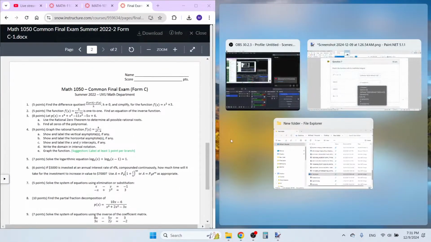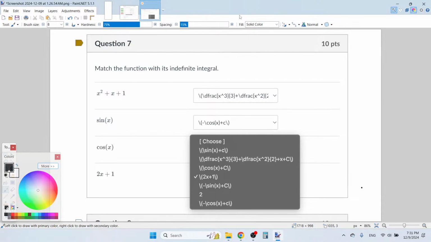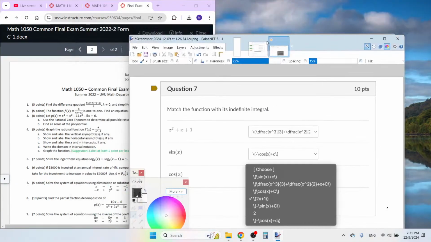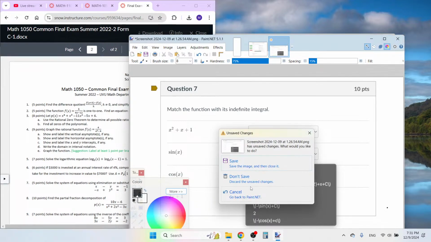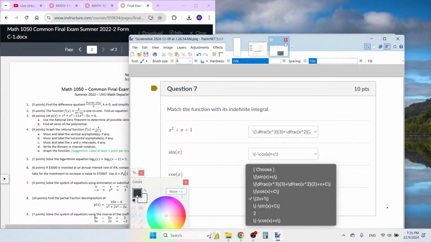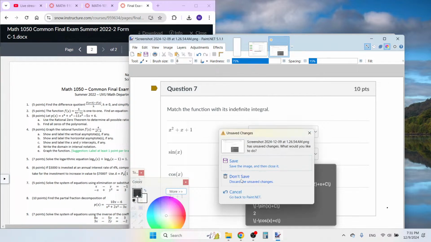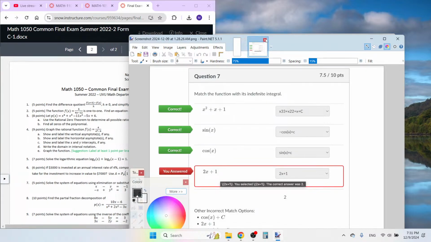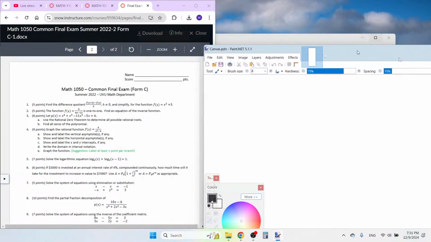They will be similar. Let's see. Here we go.